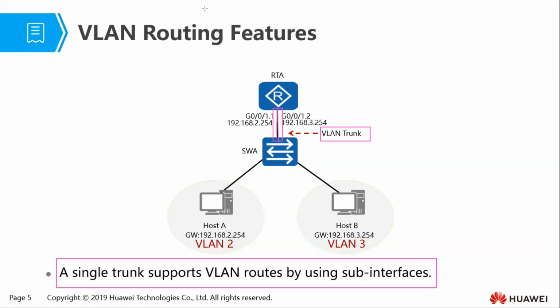And when you do that, each sub-interface must be assigned an IP address. Each one of them must be assigned an IP address that is within the network range for that particular VLAN that it's trying to connect to.